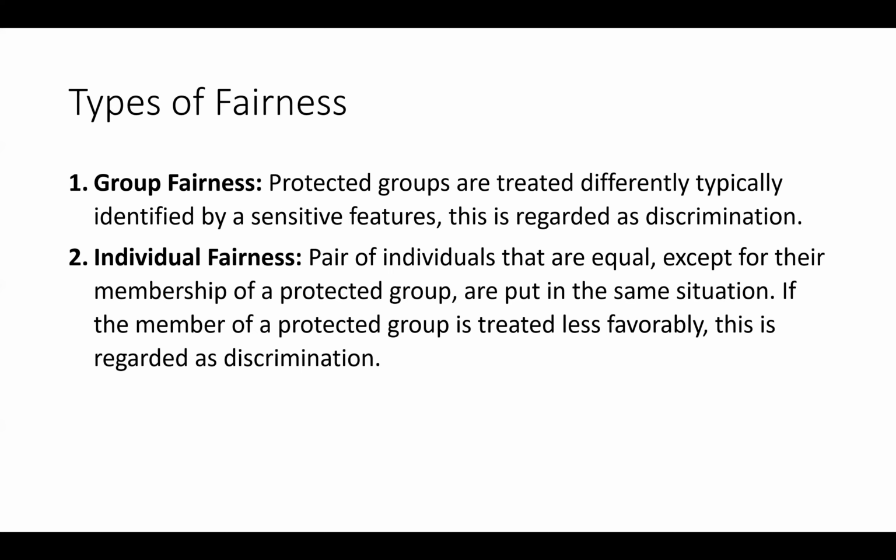We provide the same thing, we just change one feature for these two individuals. But group fairness treats the groups on average to find out if there is fairness or not.